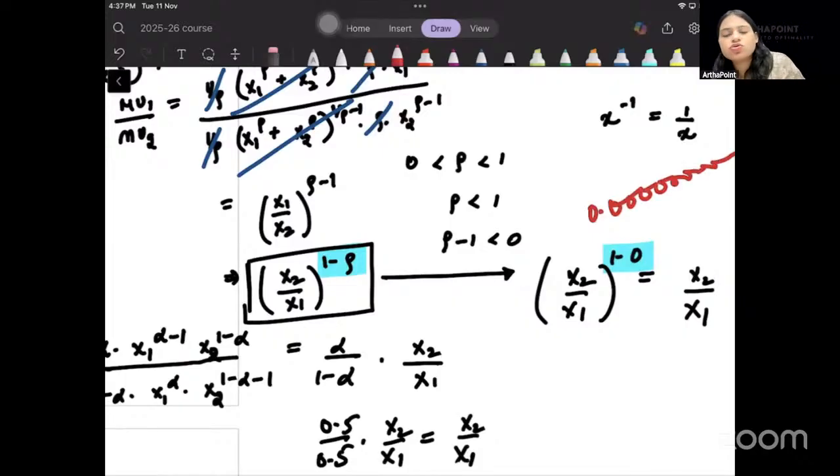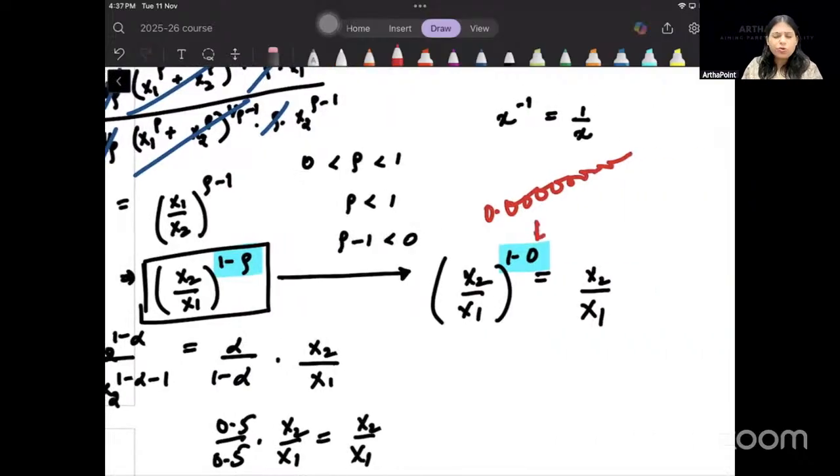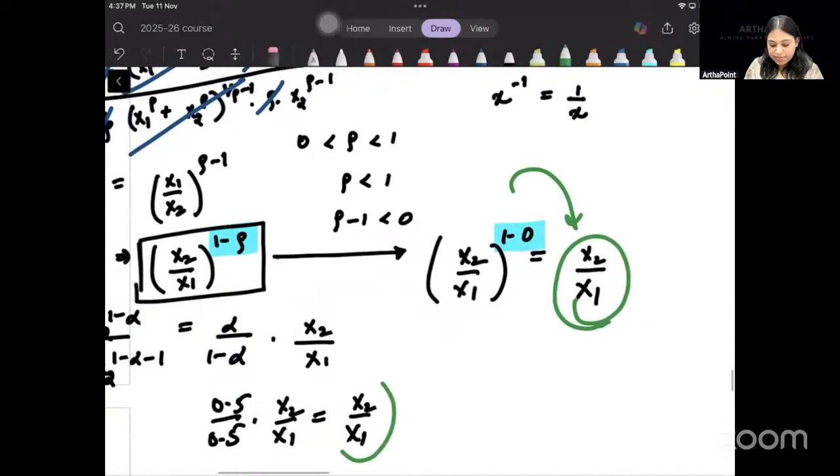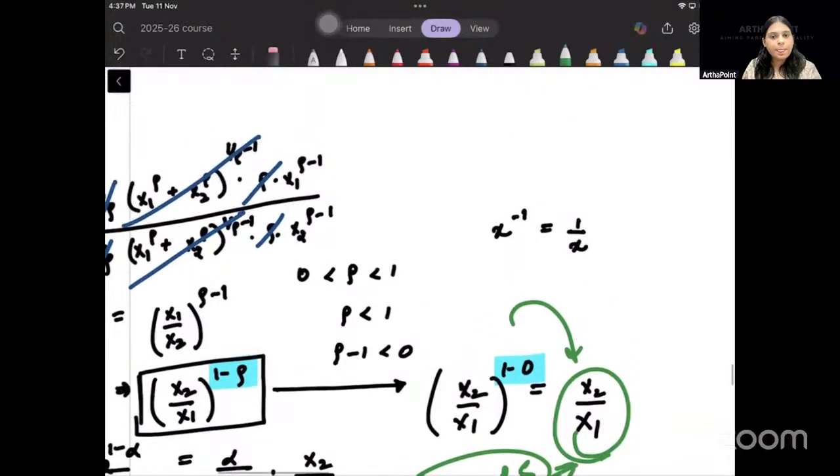In limits, you can always apply that number as long as continuity persists. So if I just put 0 directly, I will notice that I am getting x2 by x1 as the MRS here also, and x2 by x1 as the MRS here also. I am getting the same MRS. So how can they be different?